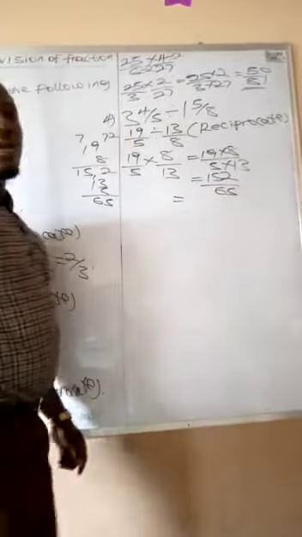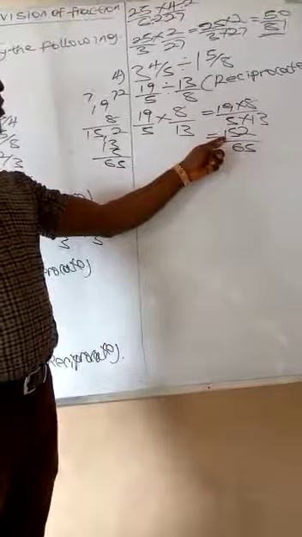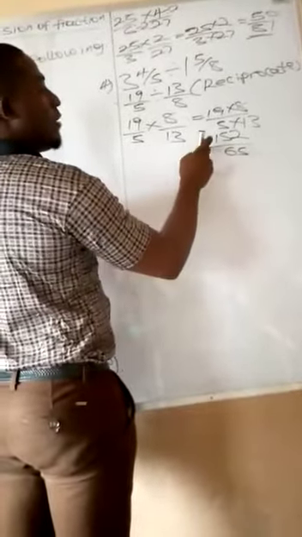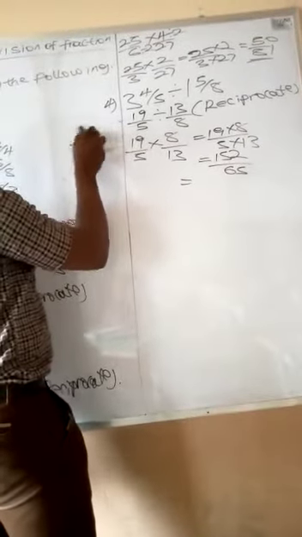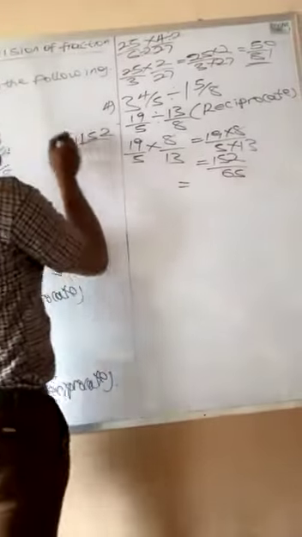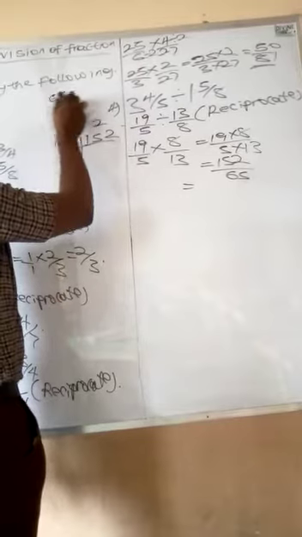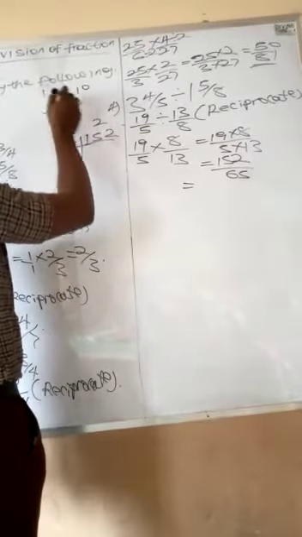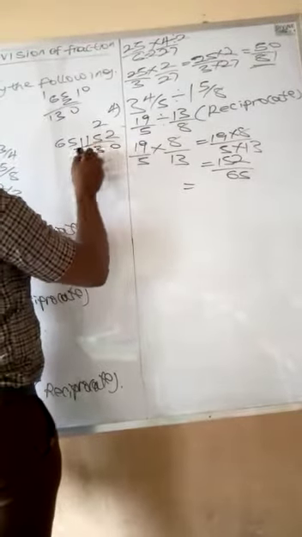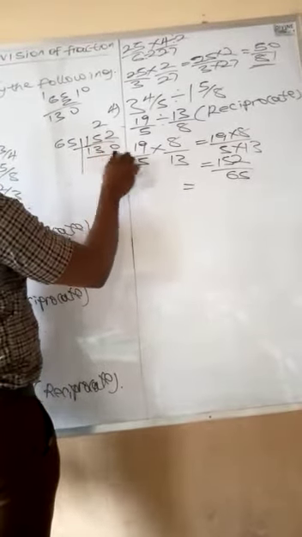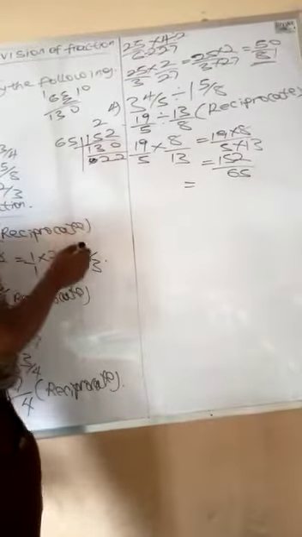Now what we are going to do is divide this number to leave it as a mixed fraction. So we have 152 divided by 65. 65 here will go twice. 2 times 65 will give us 130. We subtract, and this is going to give us 22.